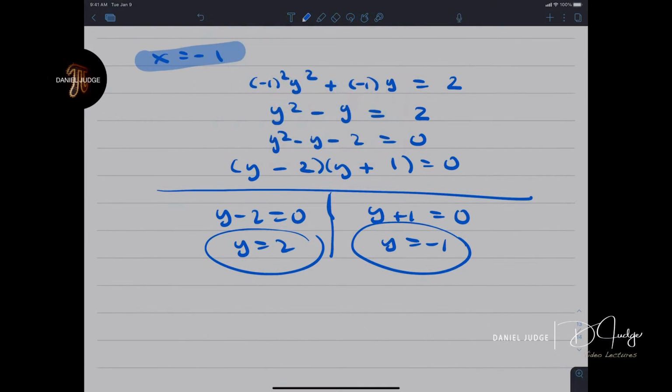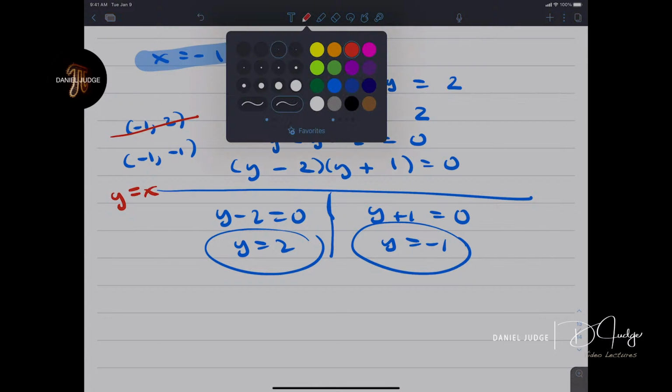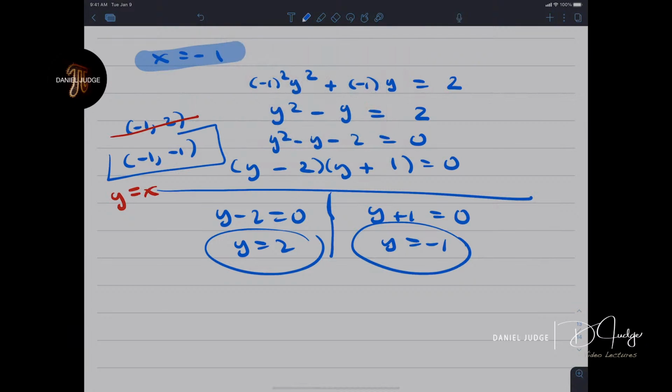So you can say -1, 2, and -1, -1. Those are the x and y coordinates. But again, you throw the other one out because this is all based on the assumption that y is x. So here's my second location at -1, -1. And that's how we look at this answer.